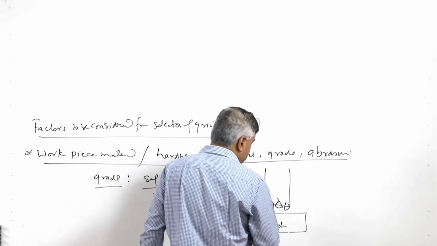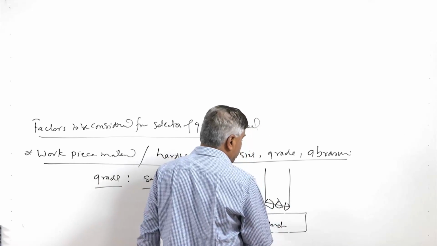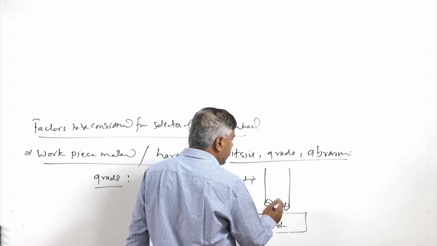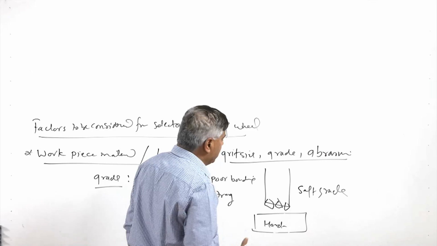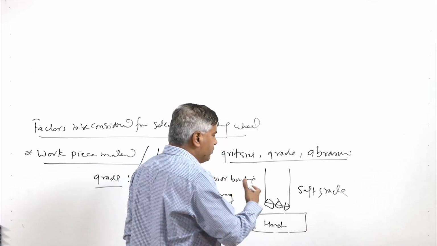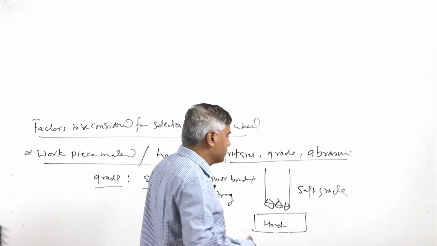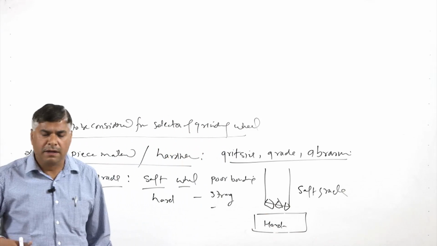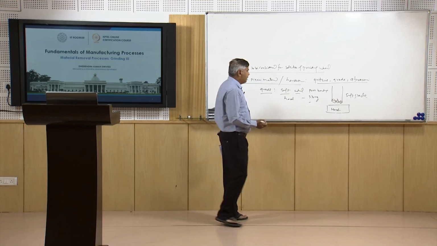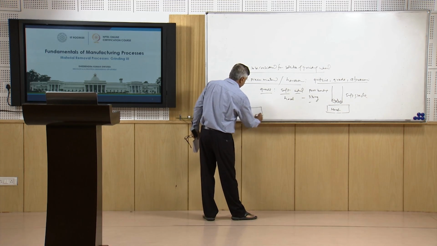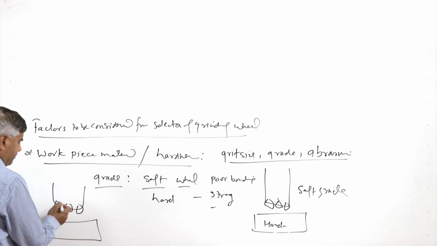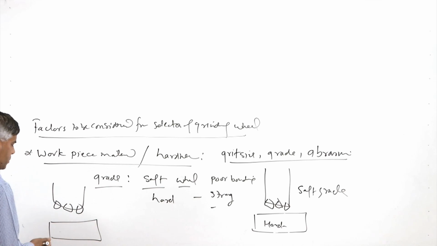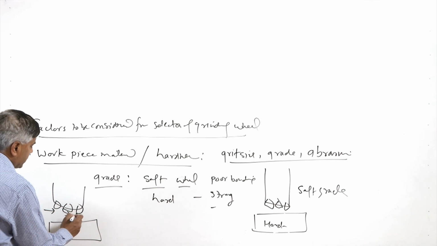So what is done basically, when we are working with hard material, normally a soft grade is preferred, so that during cutting the abrasives are removed in the course of the removal and fresh abrasives are exposed to the surface. So the cutting continues effectively. While in the case of soft workpiece material, the abrasives remain intact and they will be able to withstand the little bit of cutting forces acting onto the abrasives during grinding of the soft material.